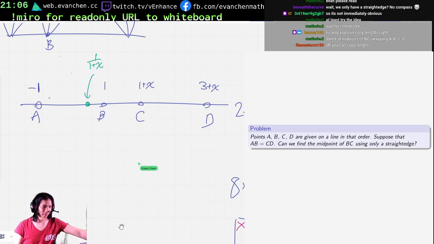Yeah, I guess it shouldn't be possible. Oh yeah, no, you can't. So the reason is that given A and B, you cannot construct any point that depends only on A and B. Okay, so that's the way the argument goes.